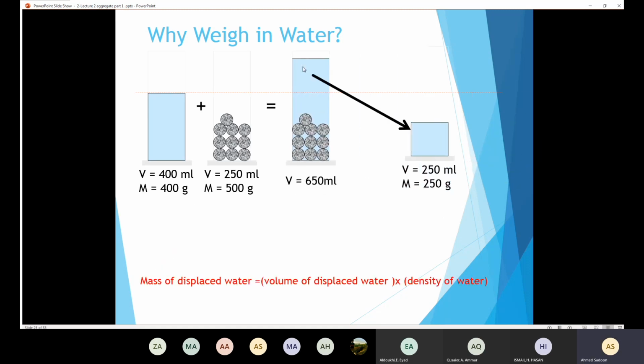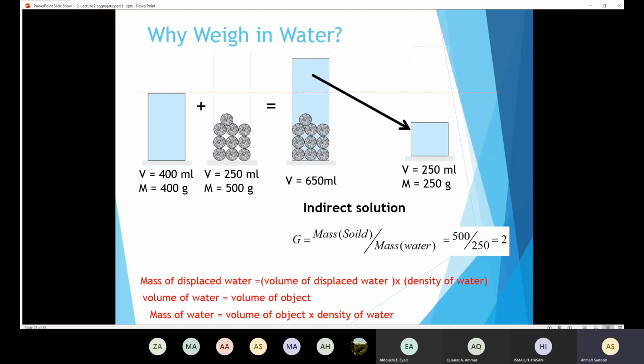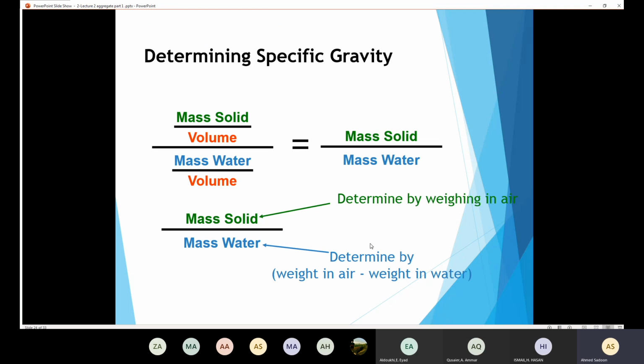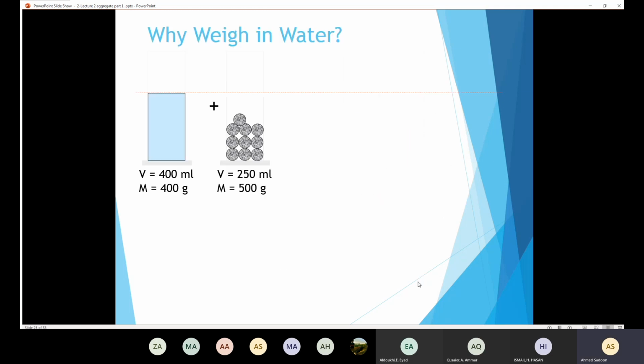So now, in order to apply the indirect solution, the specific gravity is going to be the mass weighed in the air over the displaced water by an equivalent amount of volume. And in this case, the mass of the water is going to be the weight in air minus weight in water.